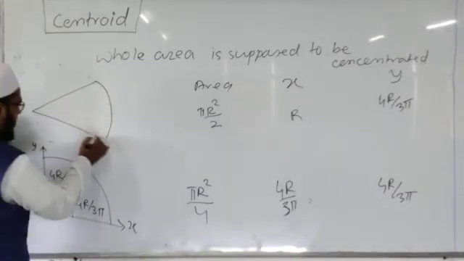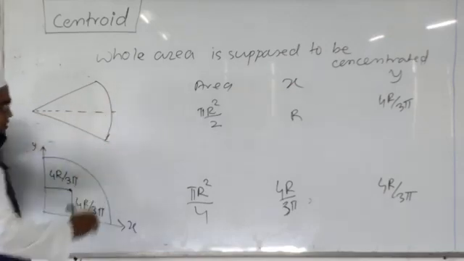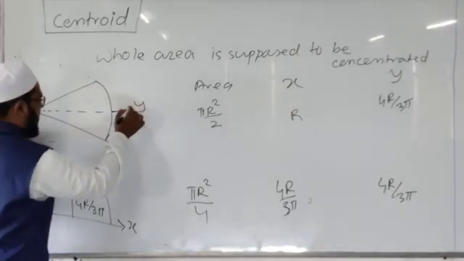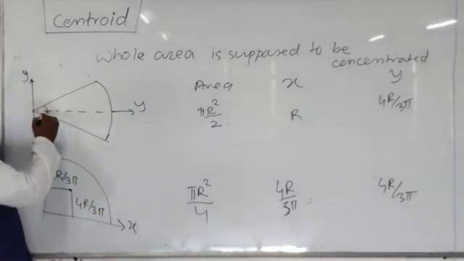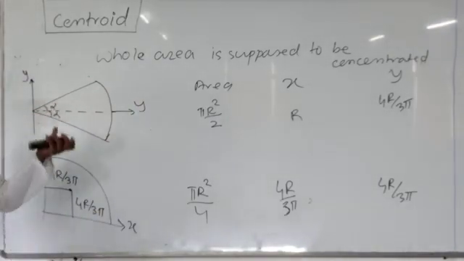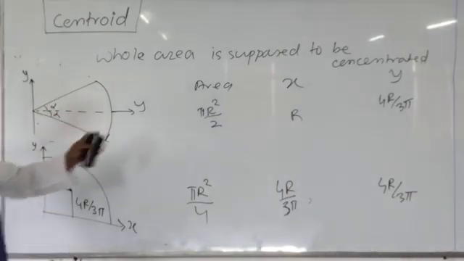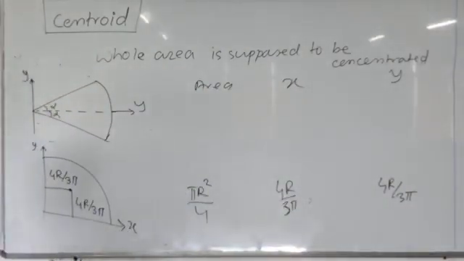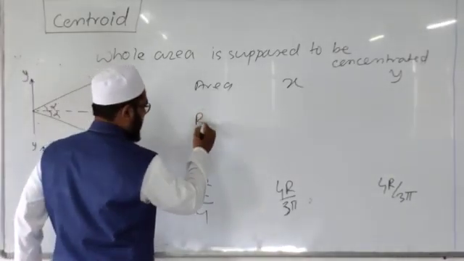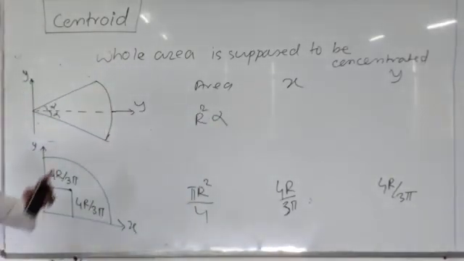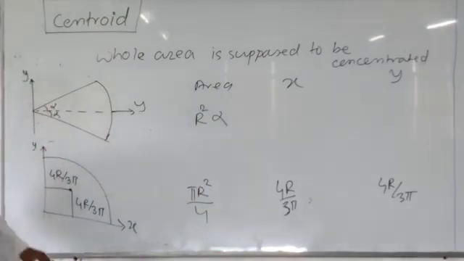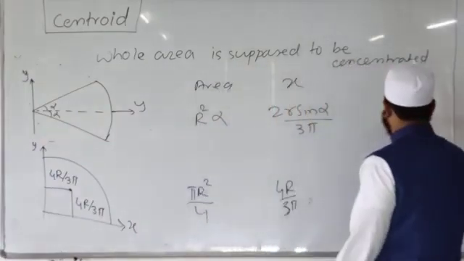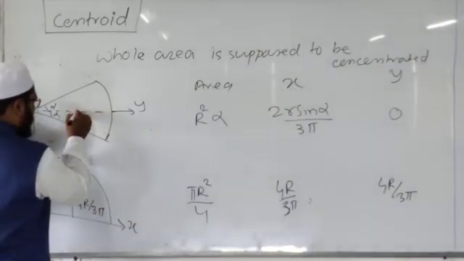Then there is one more, that is the sector of the circle. If the sector is like this, with the x axis and y axis having the included angle alpha, and the radius of the sector as r, then the area of the sector is r square alpha, and x is 2r sin alpha divided by 3 pi, and the y coordinate will be 0 because the centroid is lying on the x axis.